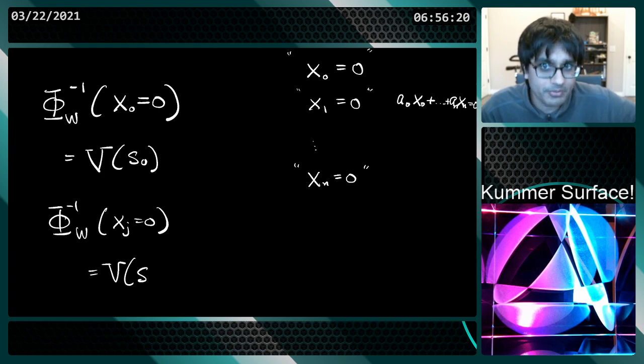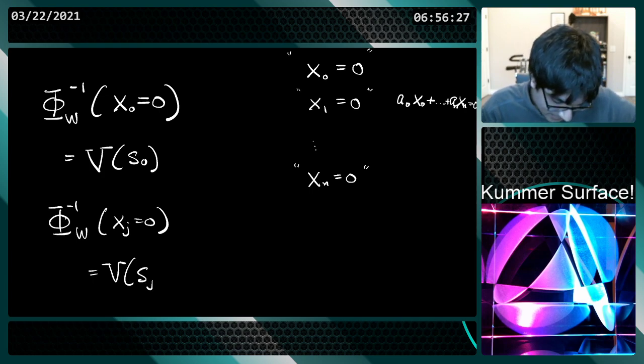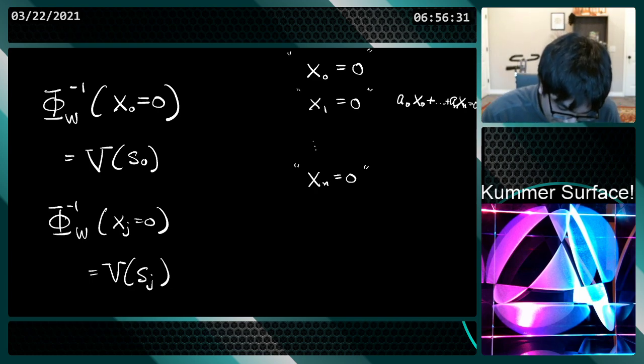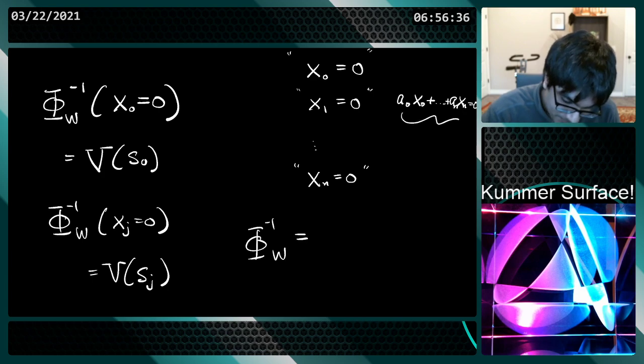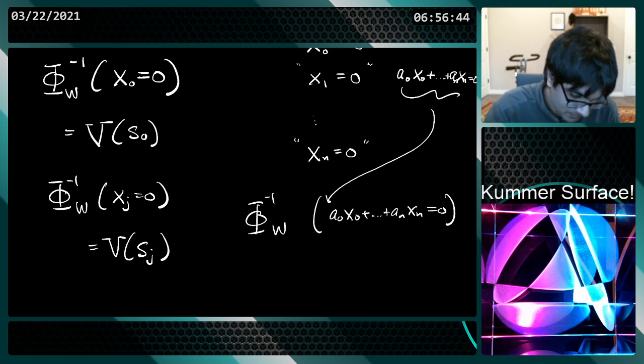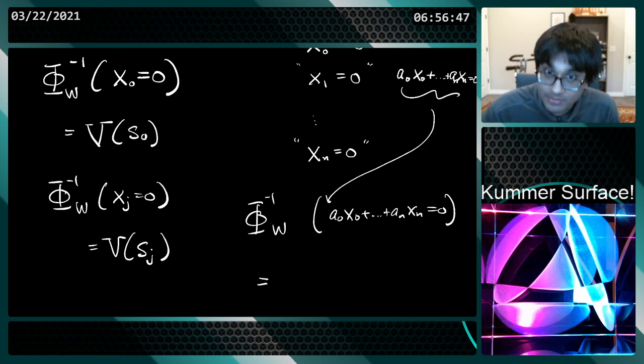It's clear from the point-wise description of this map that you get the same set, but it's actually a very, very simple compatibility. And if you take the preimage of that particular hyperplane, you get the vanishing scheme of that corresponding combination of the sections.